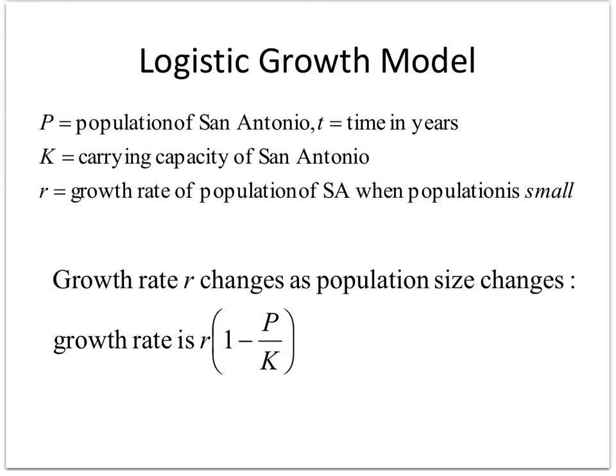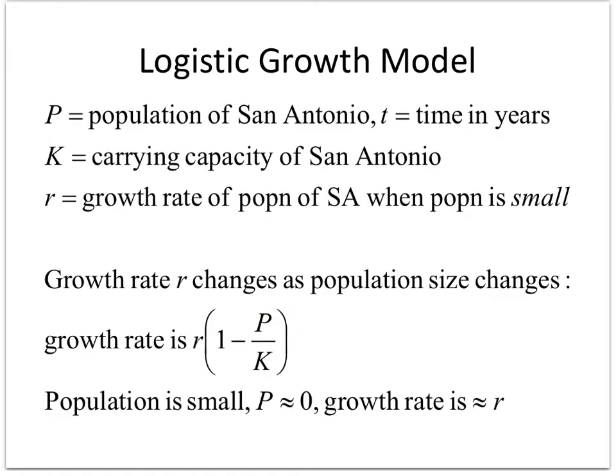So again, I'm taking my population divided by capacity. If my population is very, very small, approximately 0, then that piece would go away. We would just have 1. R times 1 is simply R. So the growth rate would be steady.